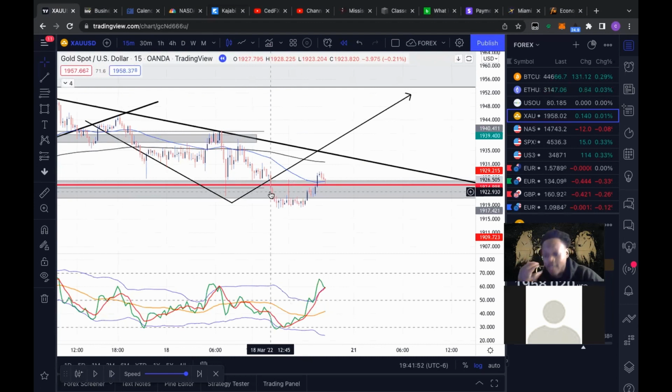Understand that that does happen for the most part, the majority of the time. But like I was saying, what makes a valid retest is either momentum slowing down, which is what we see here. Momentum was slowing down on this sell and the market entered consolidation, and also strong wick rejection, which is what we see here.